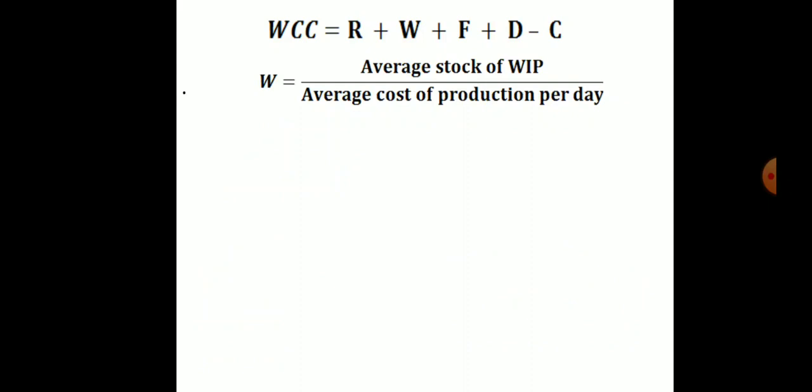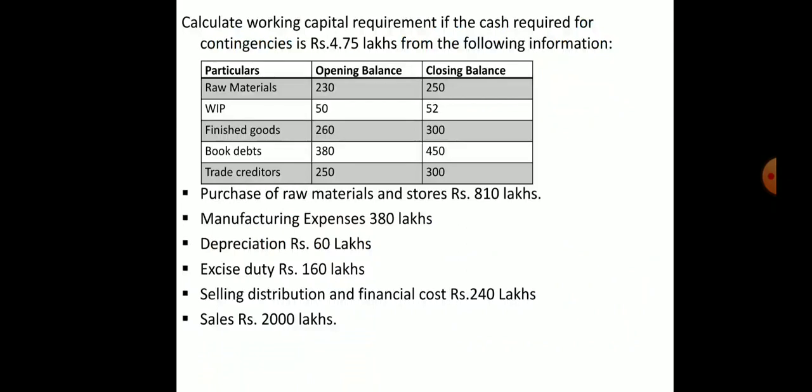The formula is average stock of work in progress divided by average stock of production per day. So this is the formula for calculating W. So how to calculate average stock of work in progress? It is opening stock of work in progress plus closing stock of work in progress divided by 2. For that, we have to know the opening and closing balance of work in progress. In this problem, they have given 50 as opening balance and 52 as closing balance.